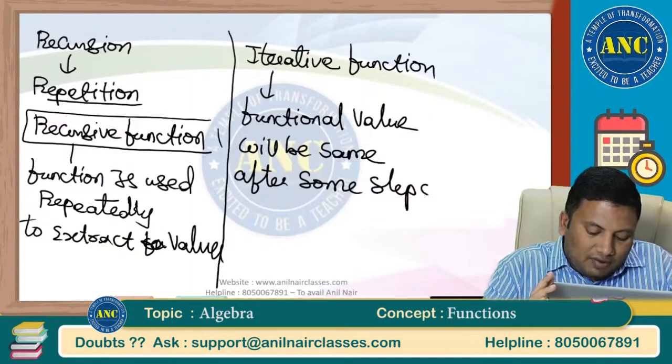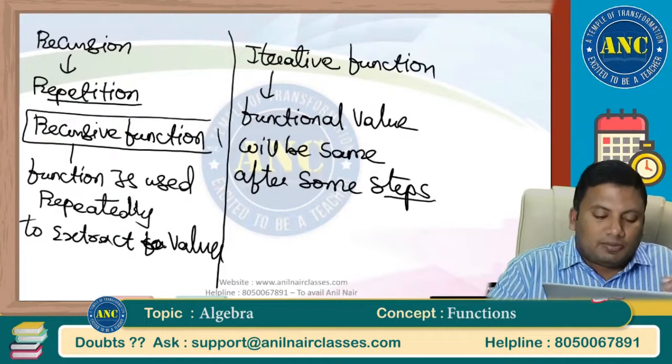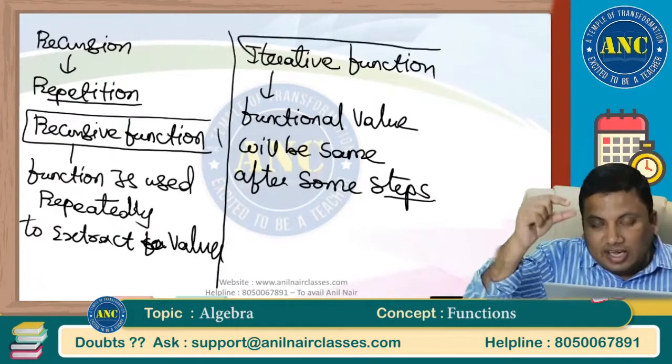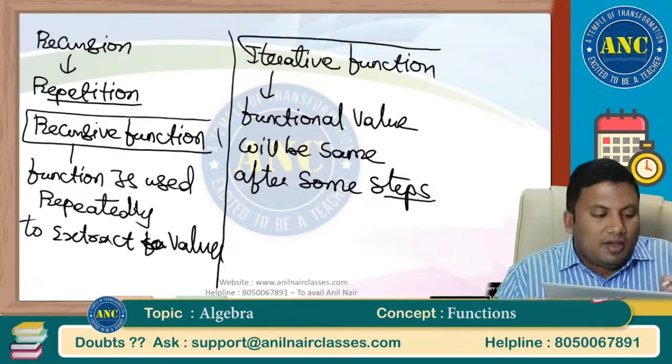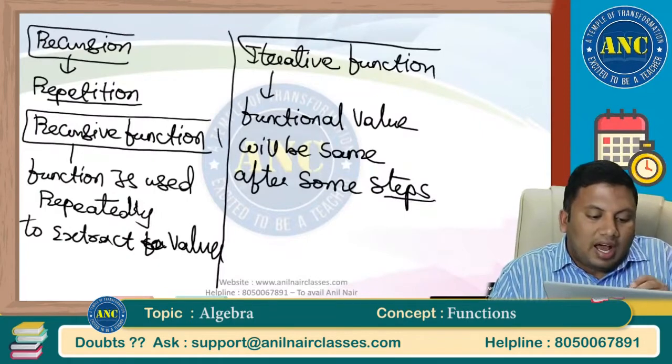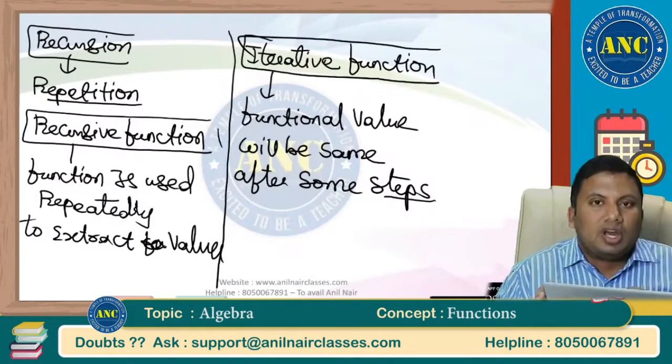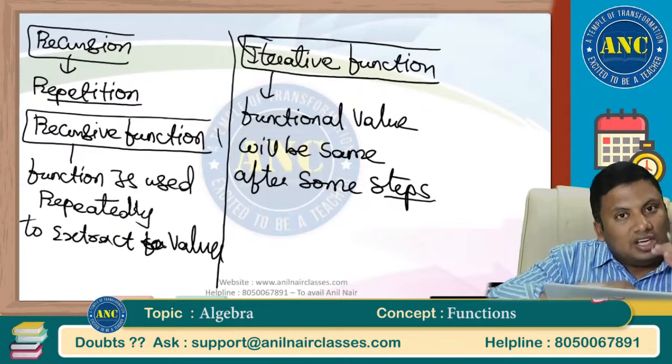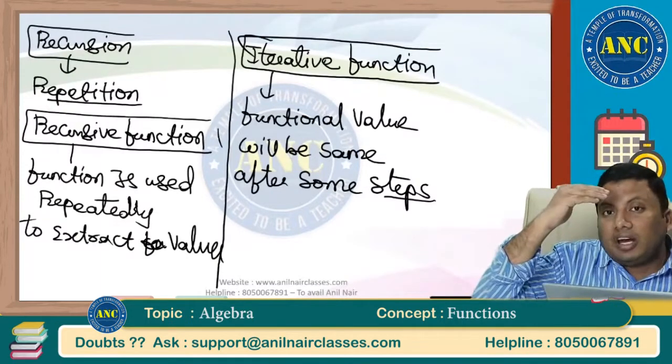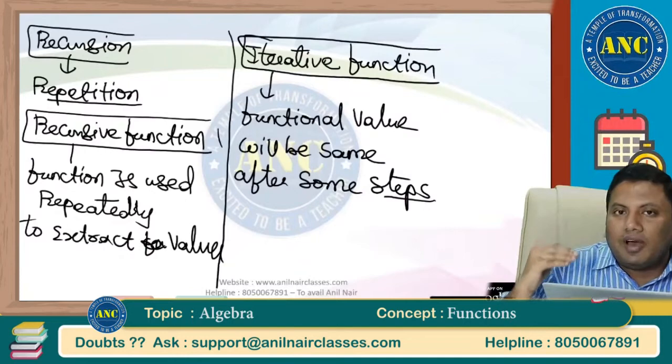If a functional value is the same after some steps, the same value is getting repeated. One is a recursive function, another is an iterative function. In all these problems, we look at how a function is used repeatedly, and after how many steps the functional value will be the same.